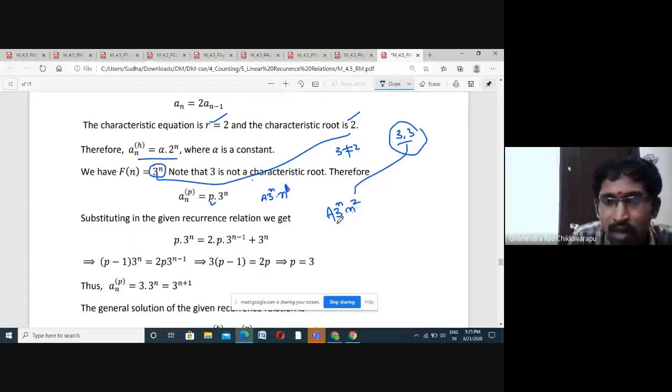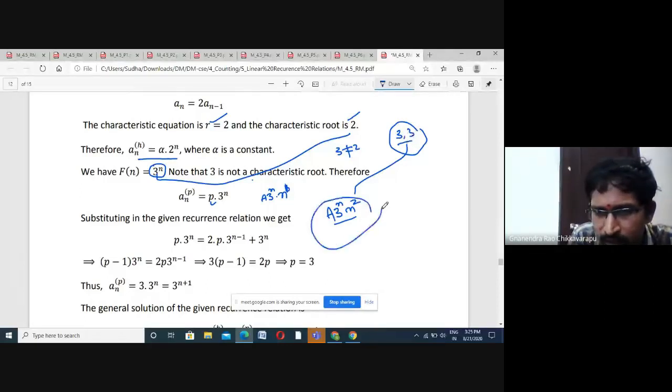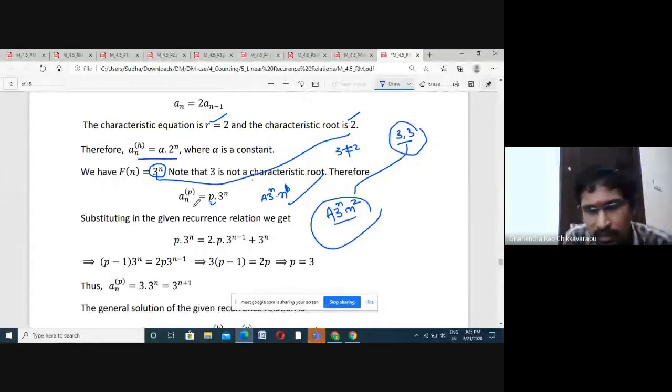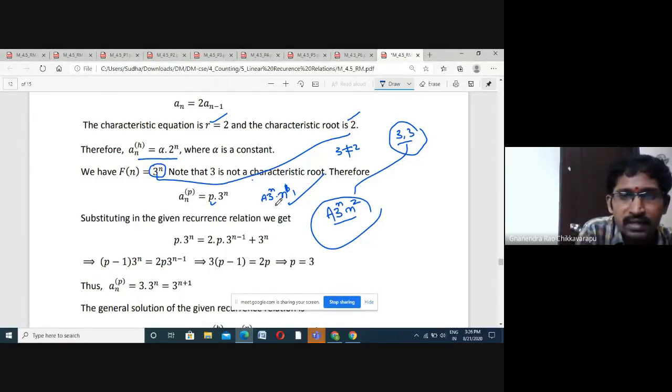Otherwise, if 3 occurred twice and I take a lower power, then after replacing this in the entire non-homogeneous equation, you will get 0 is equal to 0. That means you don't find anything. Even if you write a times 3^n times n also, you get 0 equal to 0.